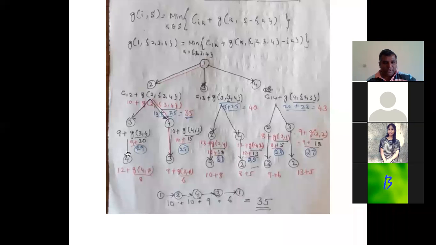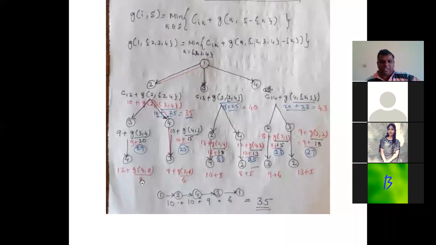So the cost from 3 to 4 is 12, plus G of 4 comma empty, the null set. After reaching 4, it has to go back to the starting node, so that is the cost from 4 to 1, which is 8.